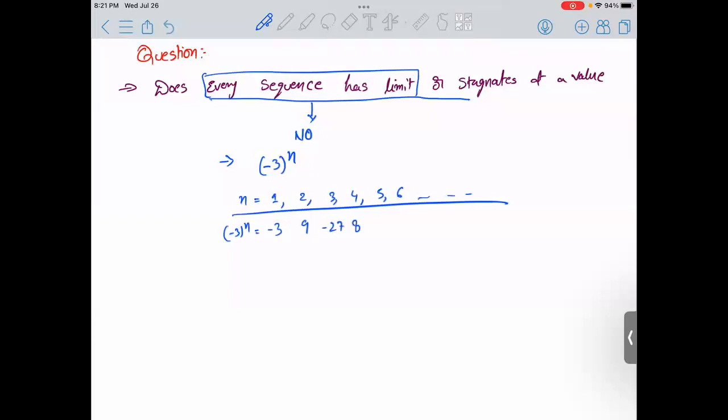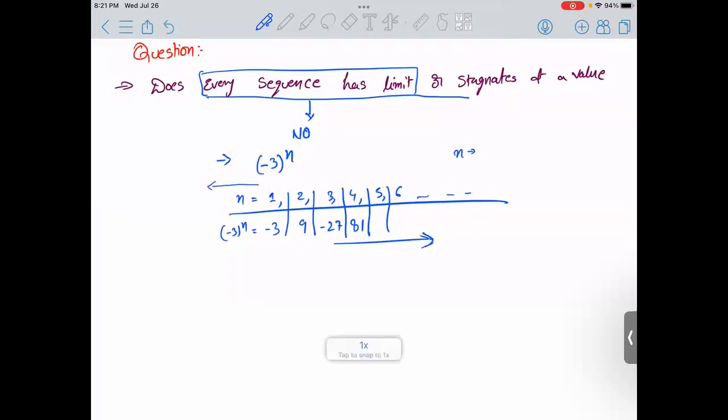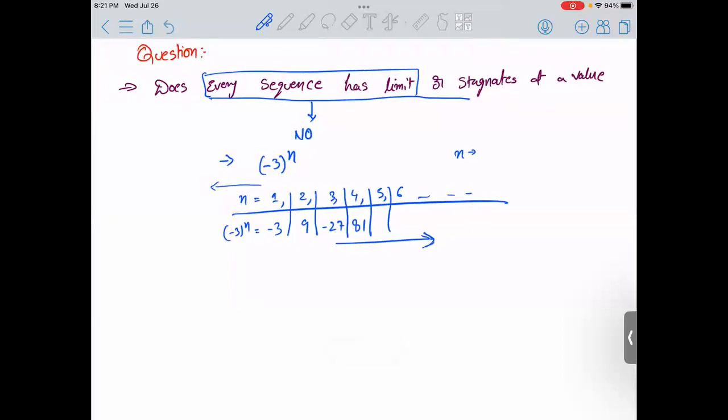At n equal to 4 it is 81. You can't find a general value, there is no stagnation. It is not approaching a value when n increases, or you can check in the decreasing direction also. It won't approach a value. Neither increasing nor decreasing.